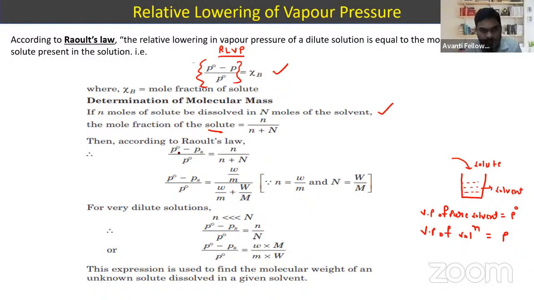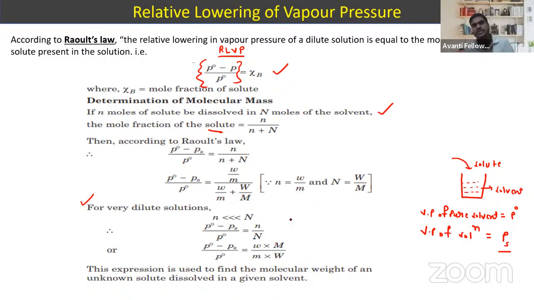So according to Raoult's law, (P naught minus Ps) upon P naught, where Ps is the vapor pressure of the solution, is equal to n upon (n plus N). We can write the number of moles of solute as mass of the solute upon molar mass, and the moles of solvent as mass of the solvent upon molecular mass of the solvent. We know that colligative properties are for very dilute solutions, so what to do, beta?